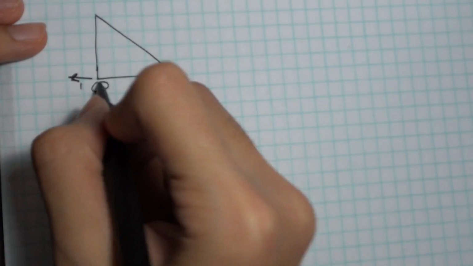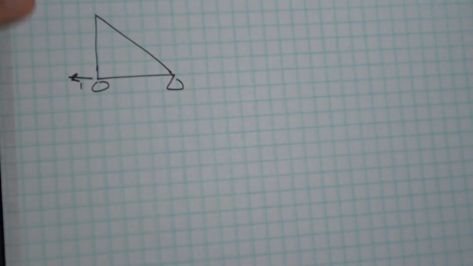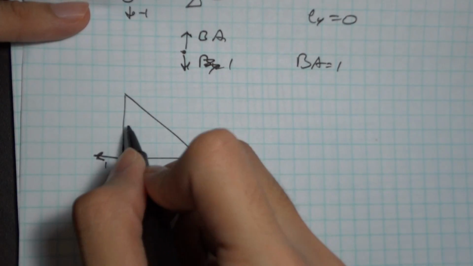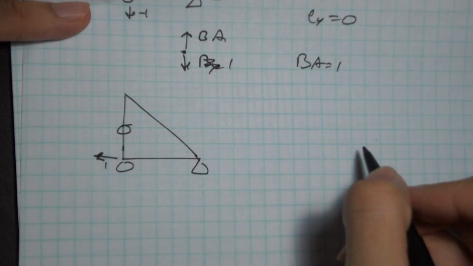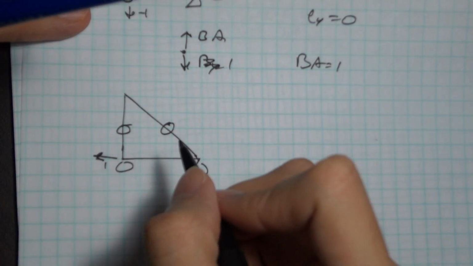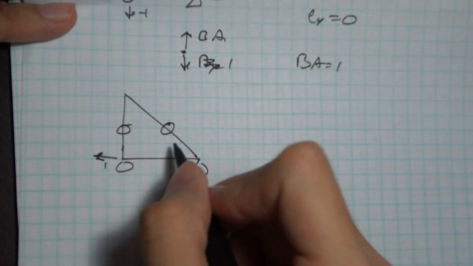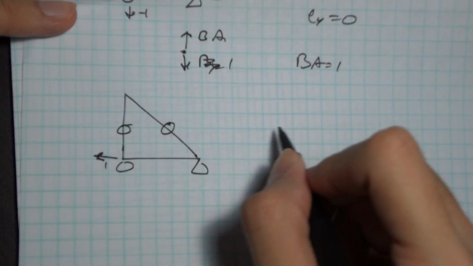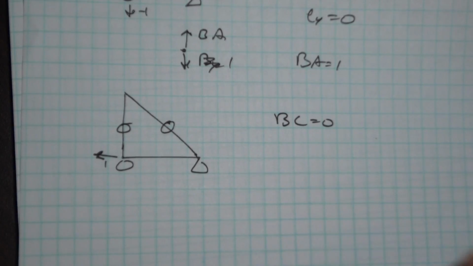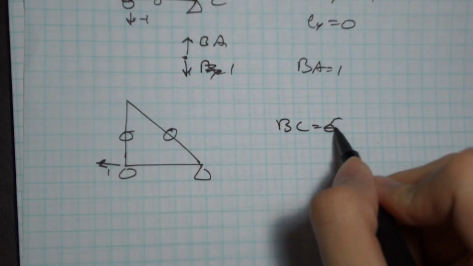It's going to be perpendicular. This is going to be a zero force member for the same reasons that we had before. And likewise, this will be a zero force member also. And I'll let you figure this one out for yourselves. I'll give you guys the final result. BC will be 0. Sorry, BC will be 1. Everything else will be 0.